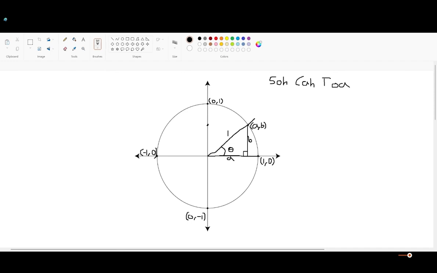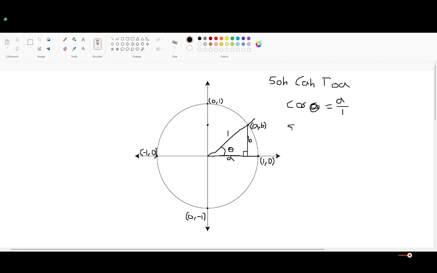So if we want to find the length of A, we can say cosine of theta is equal to the adjacent, which is A, over the hypotenuse, 1. And if you want to find B, which is opposite to angle theta, we can use sine.